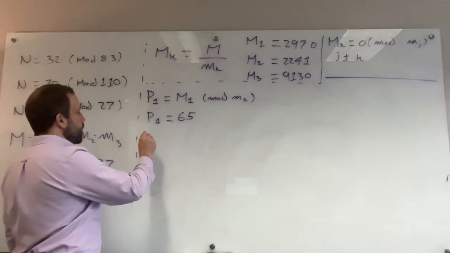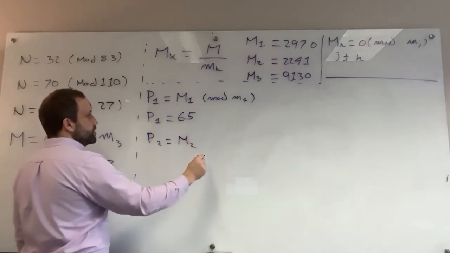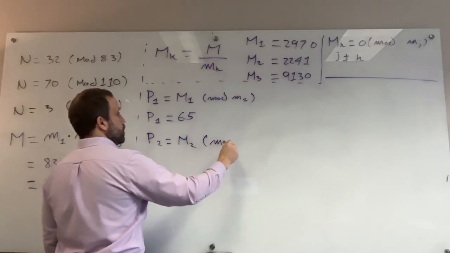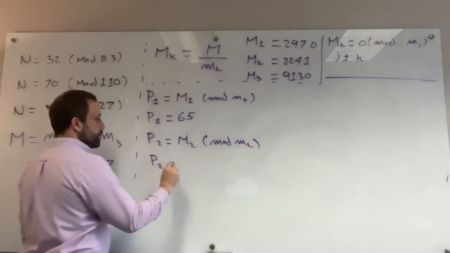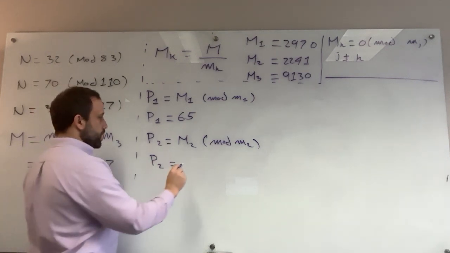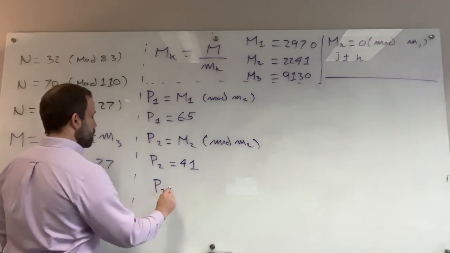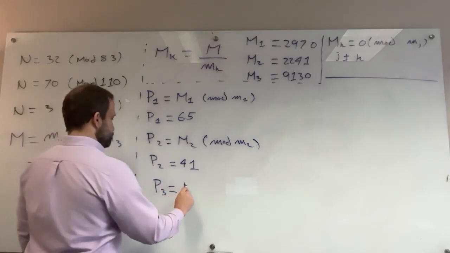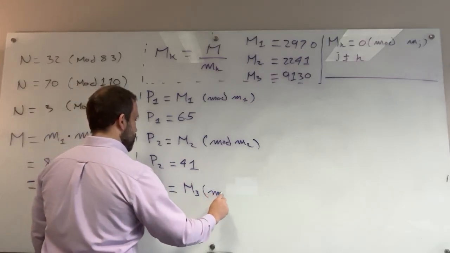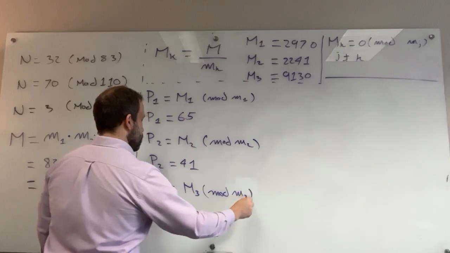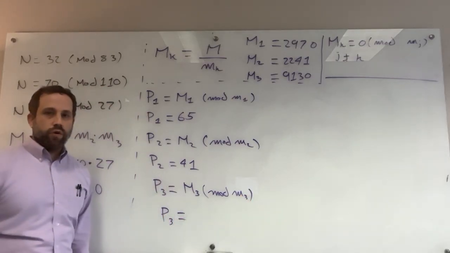Okay, similarly, P2 is going to be equal to the smallest congruent value here, and P2 is equal to 41. And then similarly, we're going to reduce big M3 mod little m3, and we're going to call this P3, and it is equal to 4.